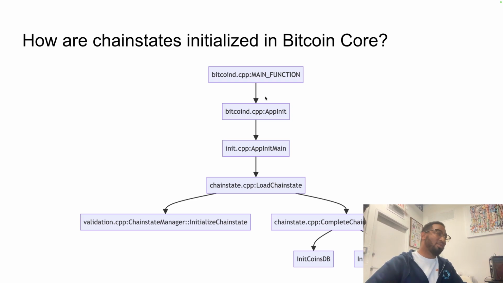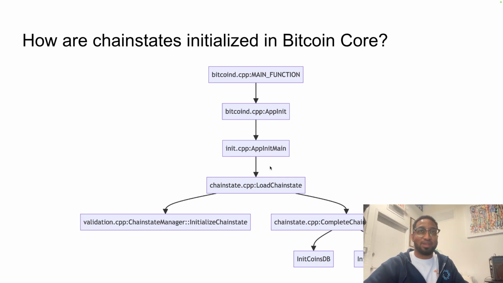Main function. Then you go to something called AppInit. Initialize? Yeah, pretty much. And then AppInitMain. Naming things is hard. Then you go into something called LoadChainState. You go into a whole bunch of other things in each of these, but I'm trying to make as linear a view as I can to explain the chain state concept.